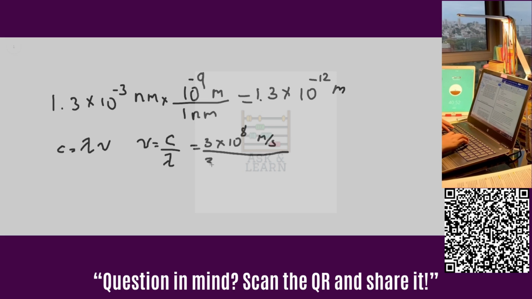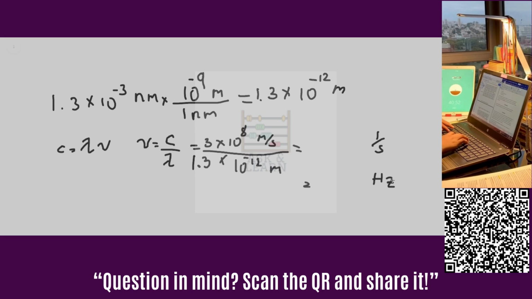In this case, we get 1.3 times 10 to the negative 12 meter. Now notice meter will cancel out. You're going to get 1 over seconds, or you can also call this hertz. Same thing.